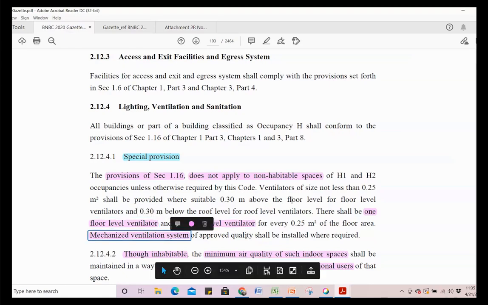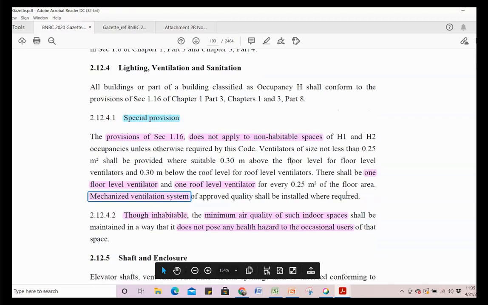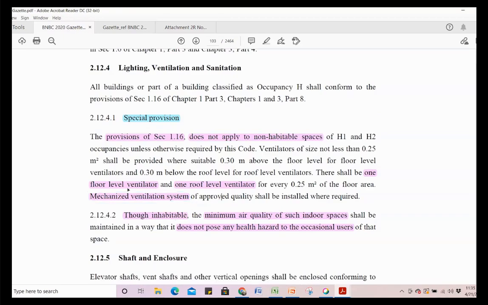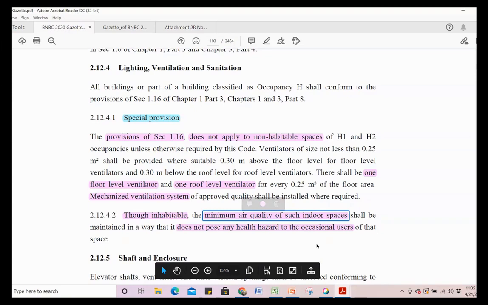Mechanized ventilation system of approved quality shall also be installed where required. So if necessary, a mechanized ventilation system can be installed there. But there is a special clause that though non-habitable, the minimum air quality of such indoor spaces shall be maintained in a way that it does not pose any health hazard to the occasional users of that space.